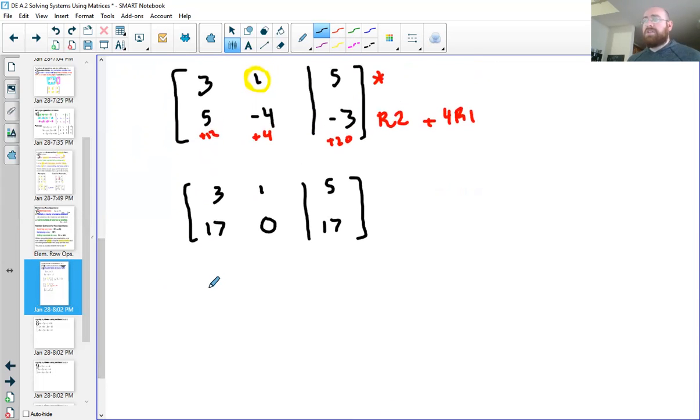Now, I ultimately want to get to 1s and 0s. And so I can see that I have a 17 in both parts of row 2. So I'm going to replace row 2 with 1/17 times row 2, because 1/17 times 17 is just 1.